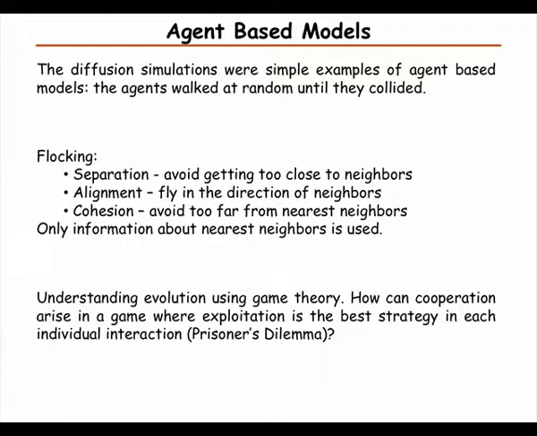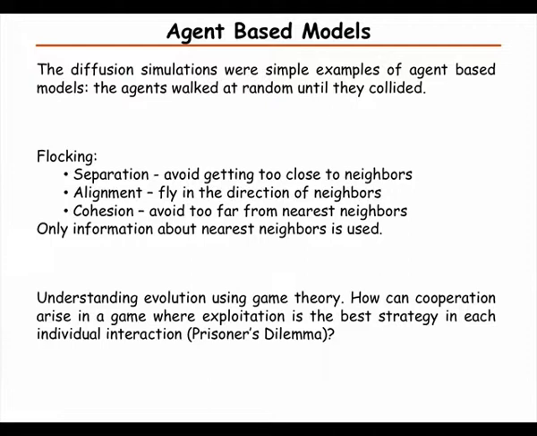This has been explored quite a lot, and it's based on the prisoner's dilemma. Two people are arrested and interrogated separately, and the question is, what should they do? Should they say that the other one did it, or should they just keep quiet, or say that they did it?